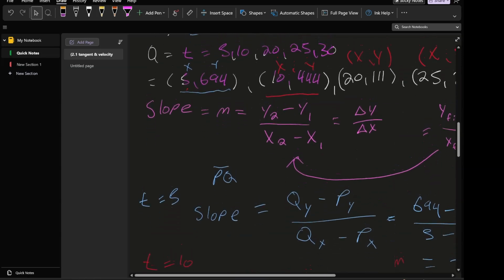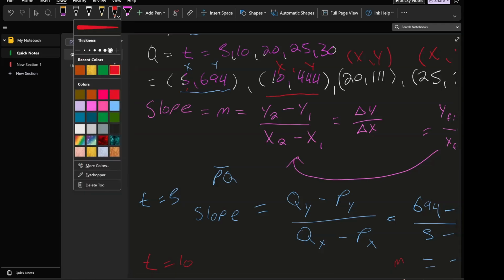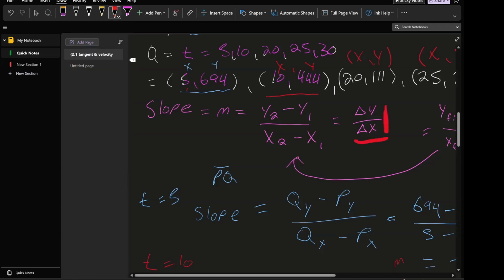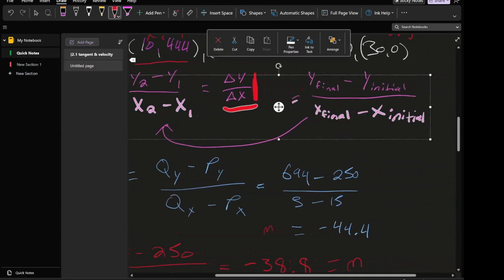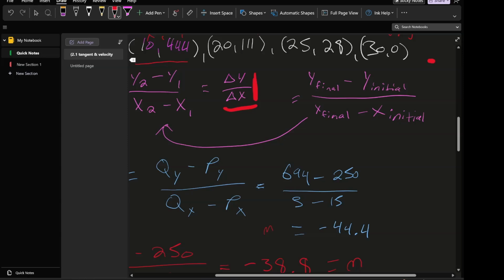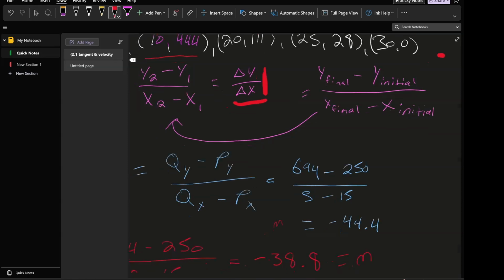And slope, or m, is equal to y2 minus y1 over x2 minus x1, which is also change in y over change in x. Or you could look at it as the y final coordinate minus the y initial coordinate over the x final coordinate minus the x initial coordinate.